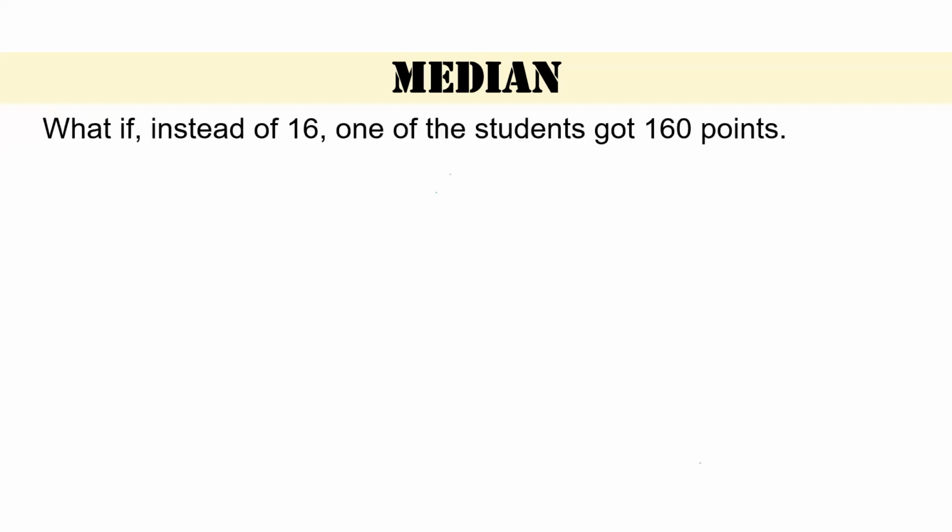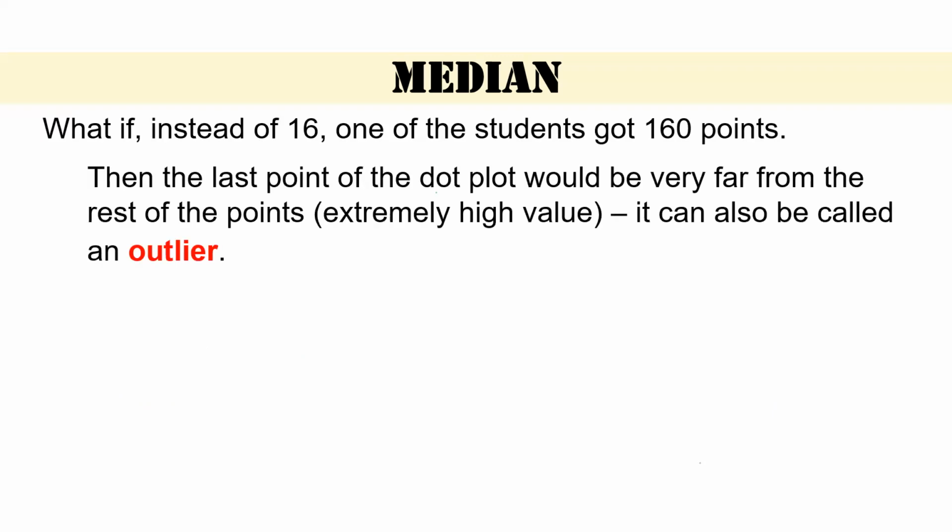Now, here's the thing. What if instead of 16, one of the students got 160 points? Then the last point on the dot plot will be very far from the rest of the points, an extremely high value.